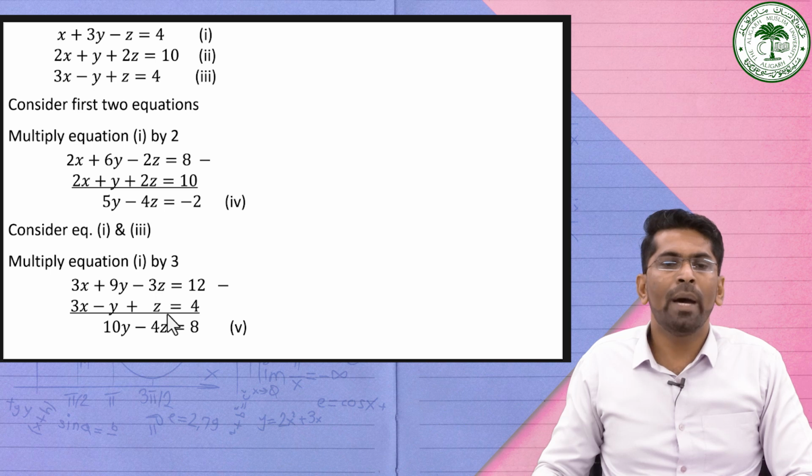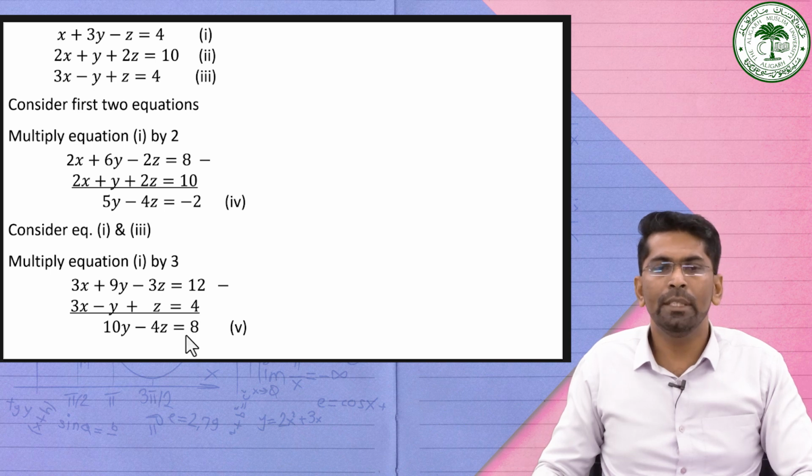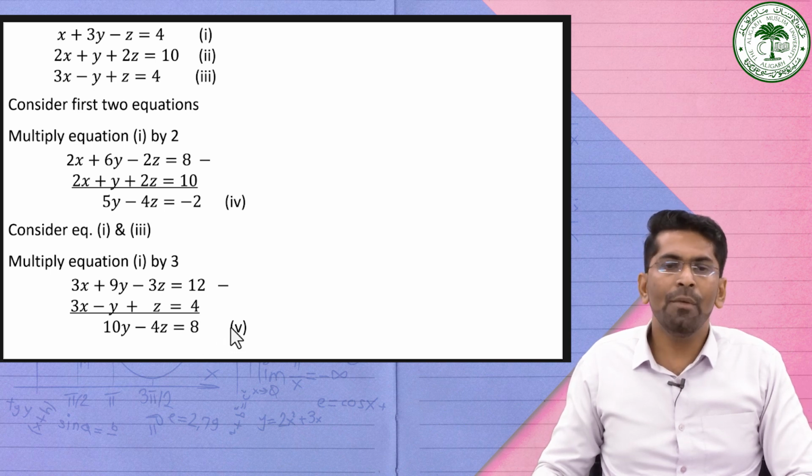Minus 3z minus z, because we are subtracting here, is equal to minus 4z. 12 minus 4 is equal to 8. So we have equation number 5 here, that is 10y minus 4z is equal to 8.